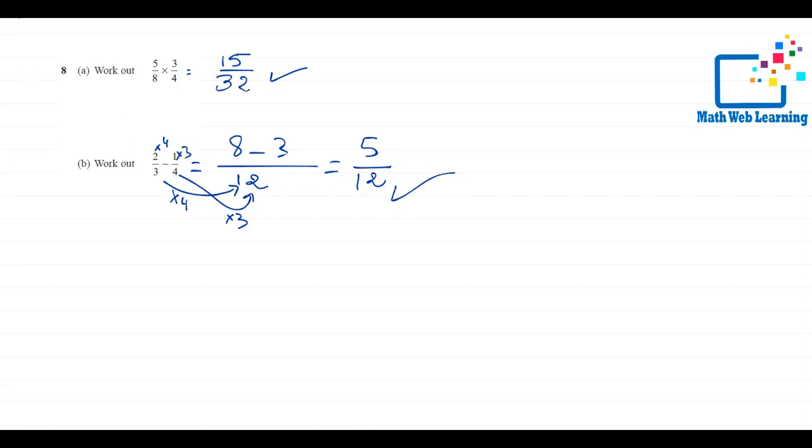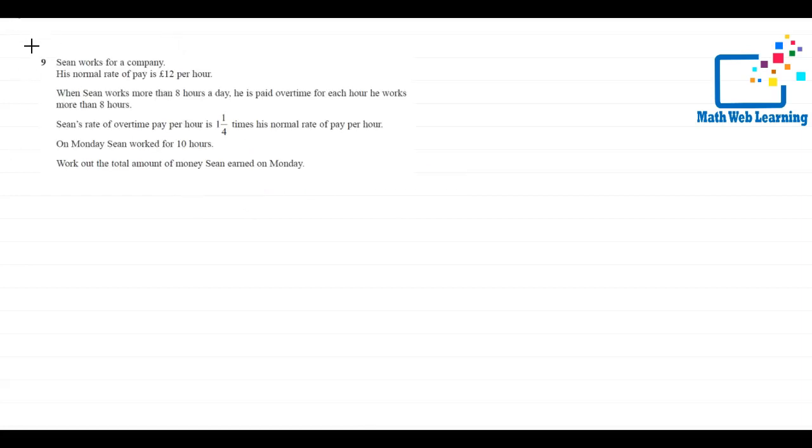Next question is question 9. Alright, question number 9. Now Sean works for a company. He gets paid at a rate of £12 an hour. So that is 1 hour he works. They pay him £12. Now if he does anything extra, more than 8 hours a day, he gets 1 1/4 of this. So overtime, he gets 1 1/4 times 12.